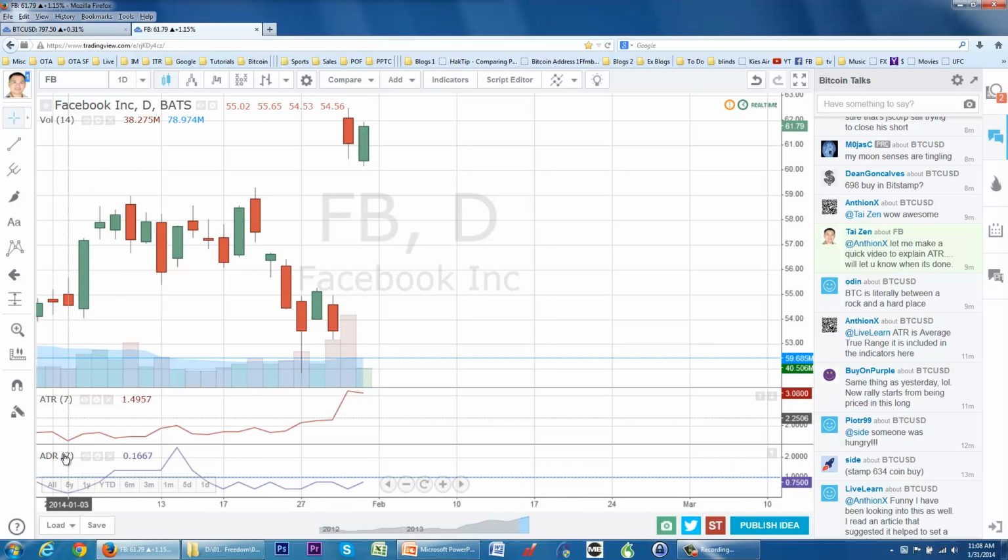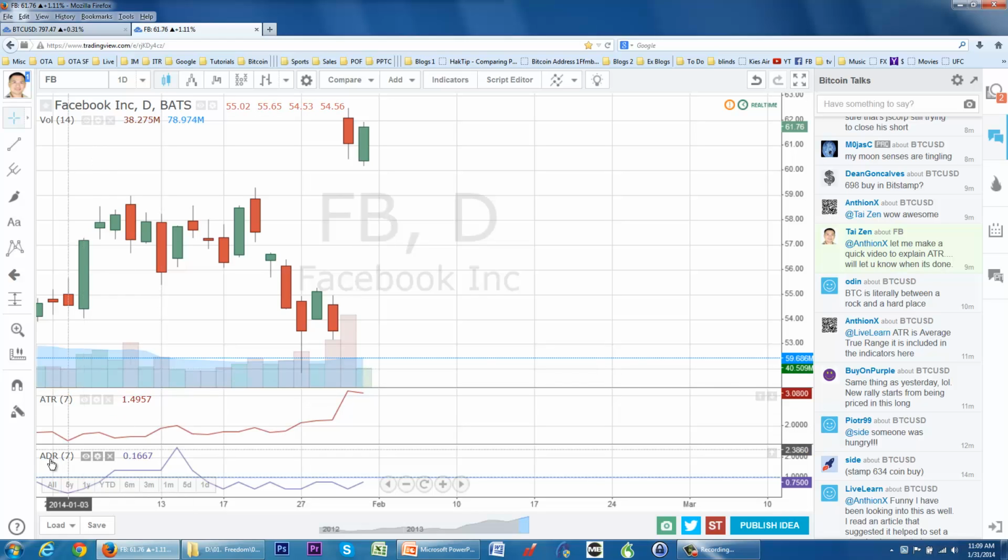On the ADR, it still indicates that Facebook moves an average of 75 cents a day, whereas on the 7-period average true range, it indicates that Facebook moves an average of $3 per candle, not per day, but per candle. So that's the difference.